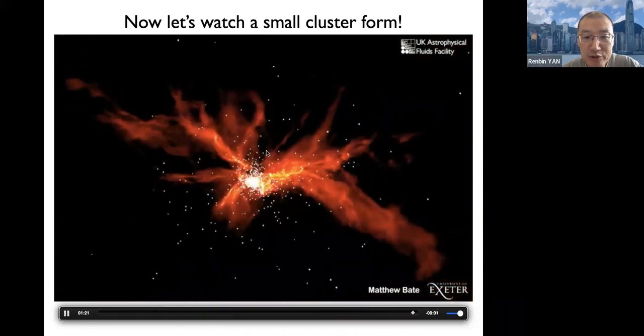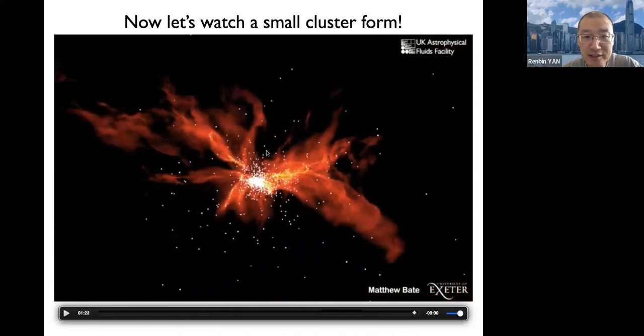There's a question from Trinto asking, can stars collide during the process of cluster formation? And if they do, what happens to them? In principle, yes, they can collide, but the chance is very, very low, because a cloud is a huge thing, but a star compared to a cloud is very, very small.